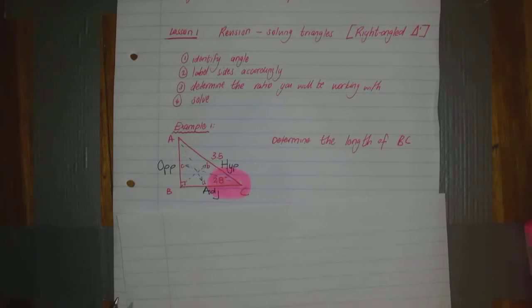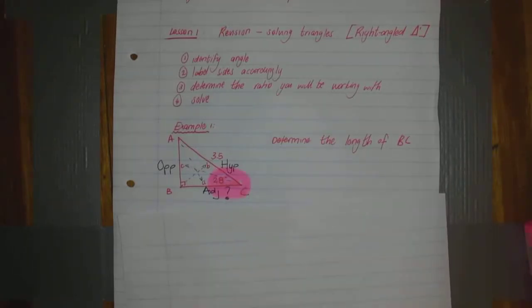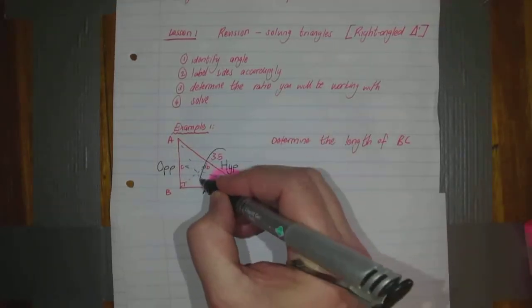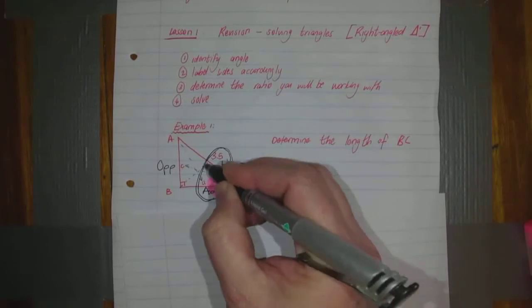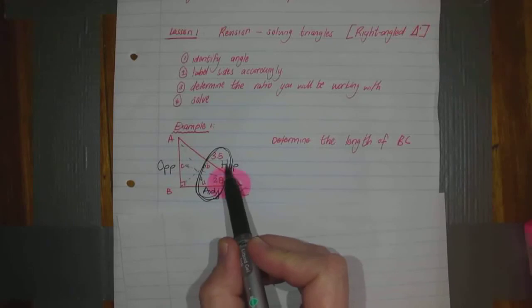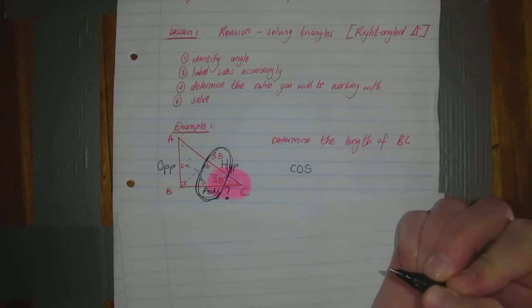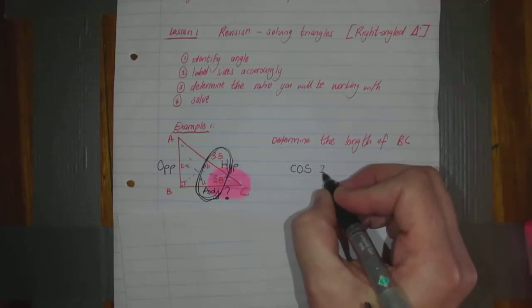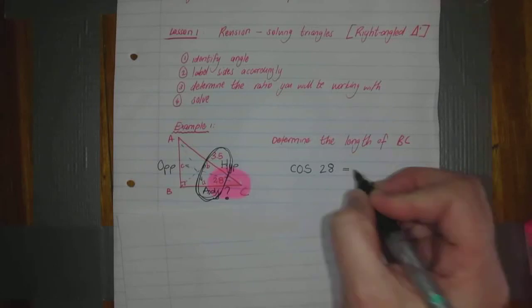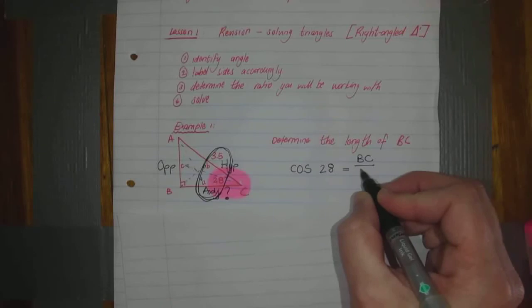So now you have to ask yourself, what do they want me to work out? So they want me to work out the length of BC. What did they give me? So when I combine what I want and what I have, I see I have A and H. And A and H is cos. Okay? So cos of 28 is equal to A over H, that is side BC over 35.